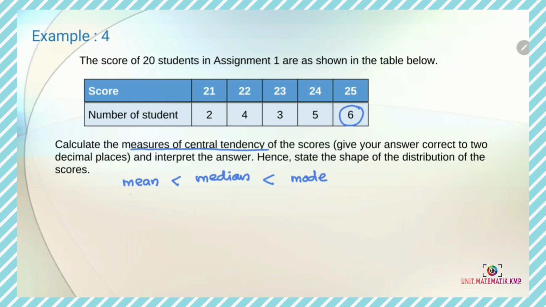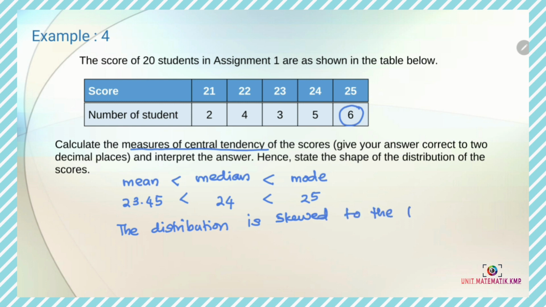Okay, we have the mean here is 23.45 and the median is 24 and the mode is 25, and we can simplify that the distribution is skewed to the left.